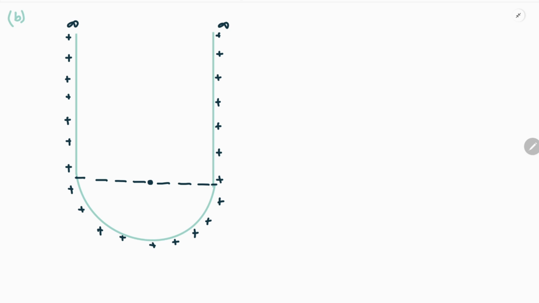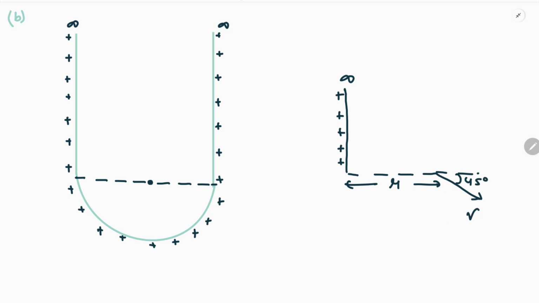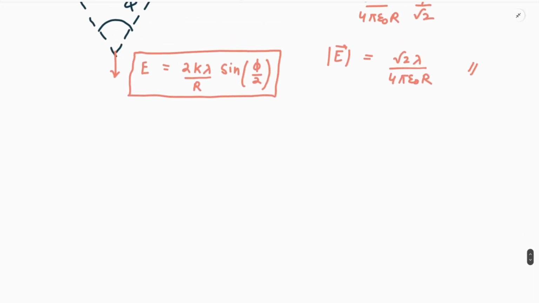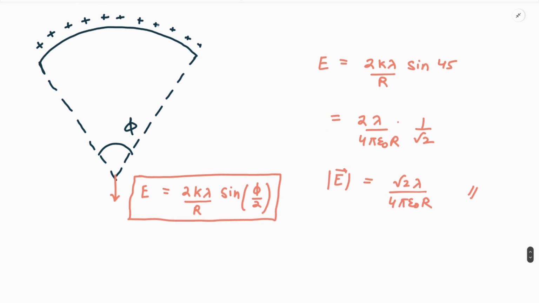So due to a semi-infinitely large wire, which we are considering something like this, we have considered the result on many occasions. It is directed 45 degree from the wire, and its value is equal to root 2 lambda upon 4 pi epsilon naught r. We have also discussed this one in problem number 3.14, and apart from this, this is another result which we will be using.